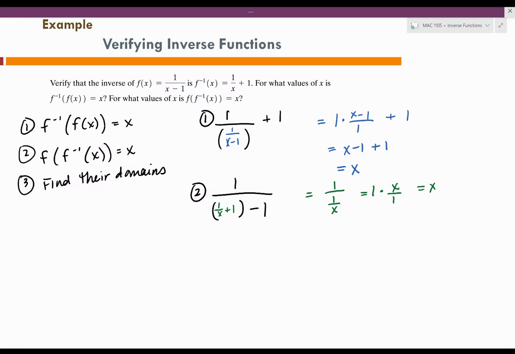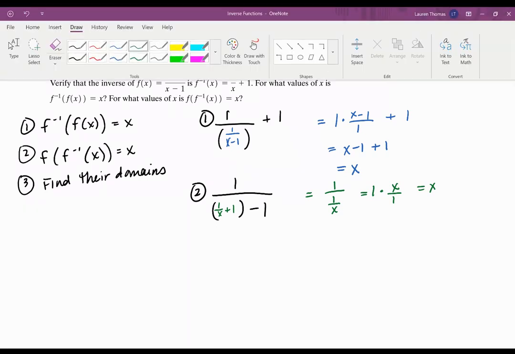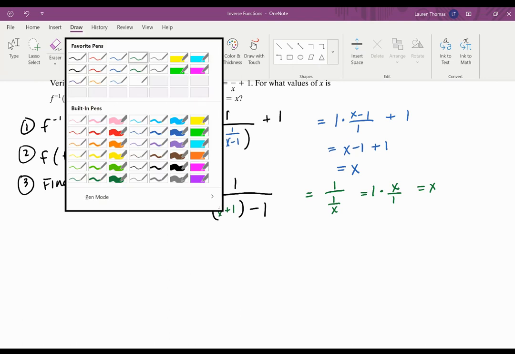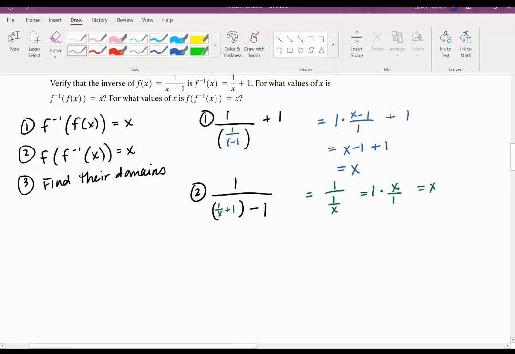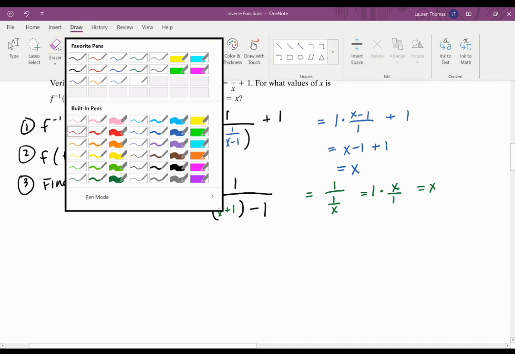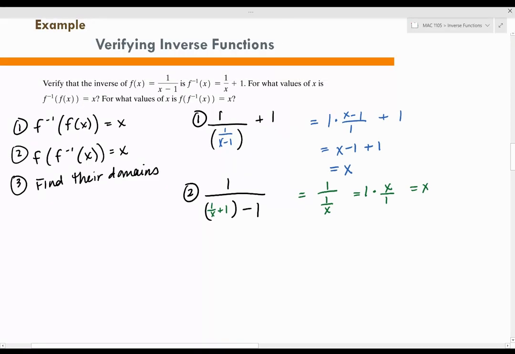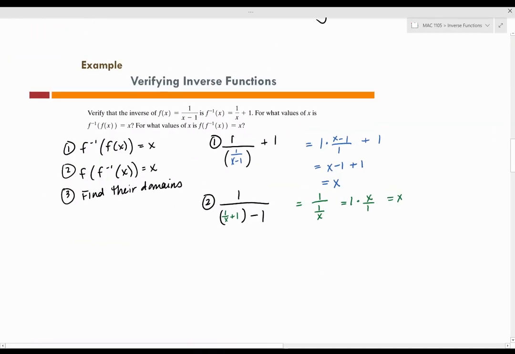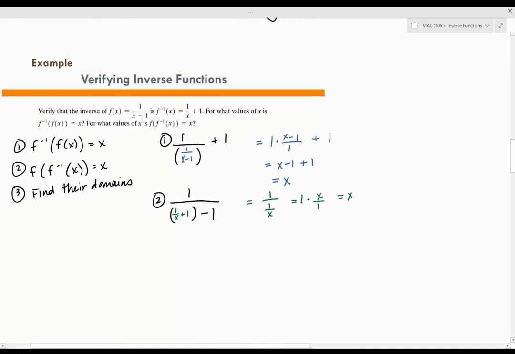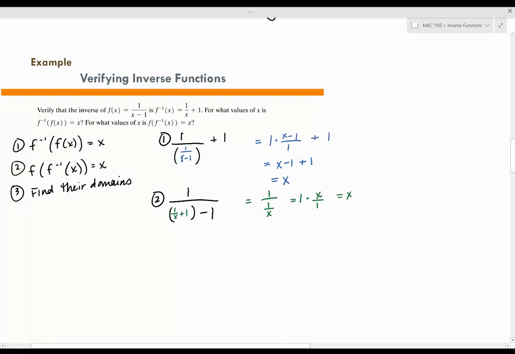And let's find the domain of each of those. Okay, so let's find the domain of the first one. If you remember when we were finding domains of composite functions, we thought about them like filters. So for number 1, the inner filter would be f of x because it's the inside function, and the outer function would be the composite function.